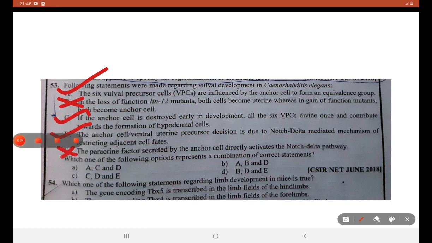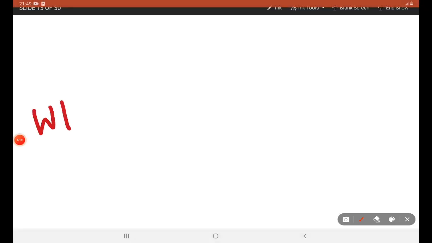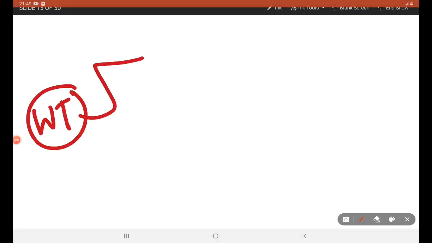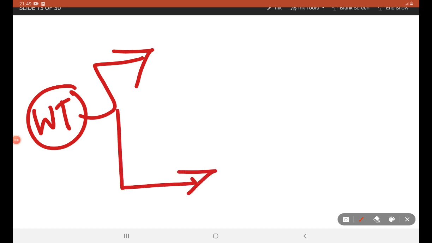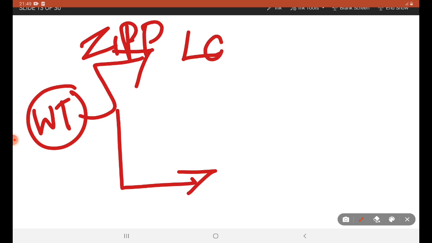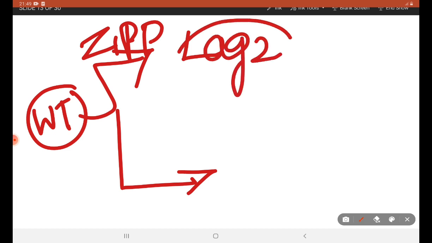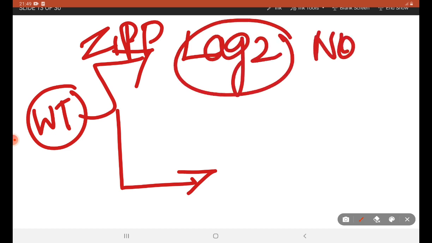Why? Because consider wild type C. elegans. In wild type C. elegans, Z1.ppp forms LAG-2 that acts as a notch.